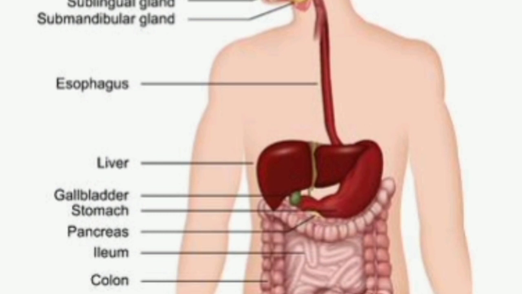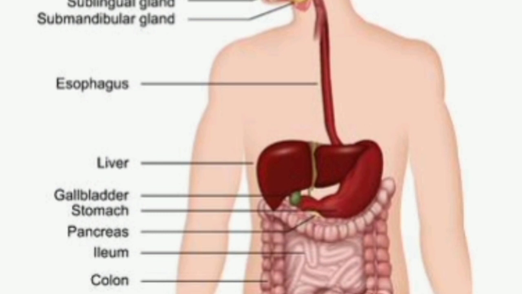One is mechanical digestion, which takes place inside our mouth, and the second one is chemical digestion, which takes place in the small intestine and begins from the stomach. As per your syllabus, we have to see how these organs and the human digestive system function, and how they help us to digest the food.